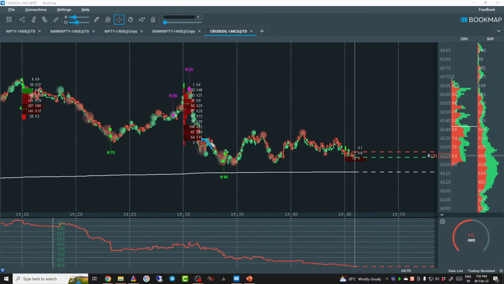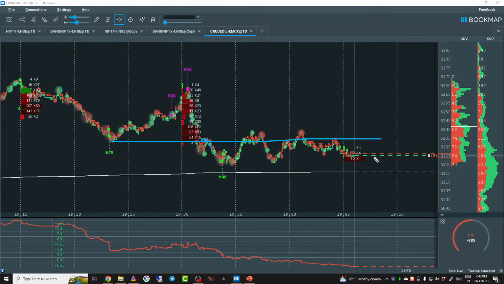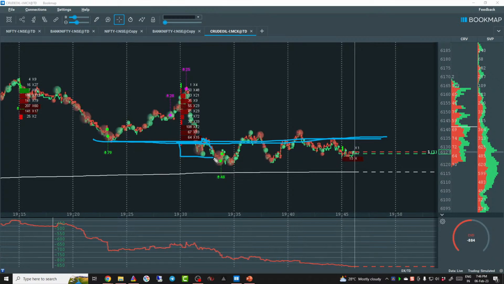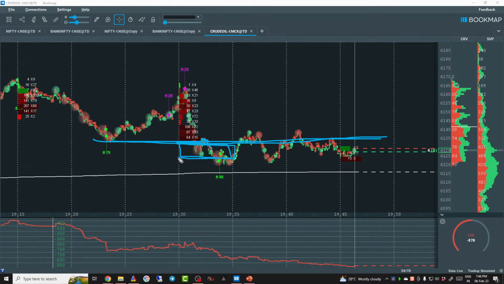So how can we use this information? For example, assume you have taken a short entry. Assume it was a major support and we are seeing the maximum number of selling getting executed just below the support, which is not a good sign for any short positions.